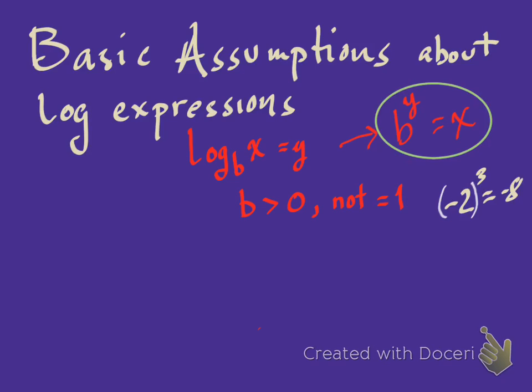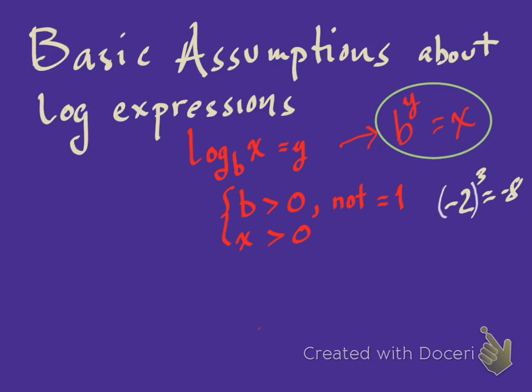So before we move on, I wanted to take this opportunity to talk a little bit about log functions, because as a result of having b be a positive number, that means that x also is a positive number. The argument of the log function, the x value, the input value, is always going to be a positive number.